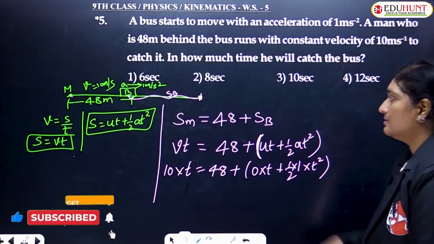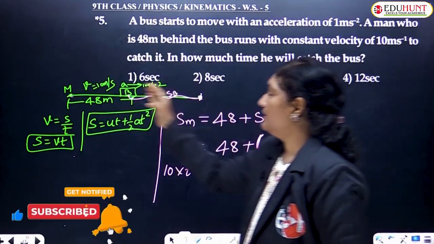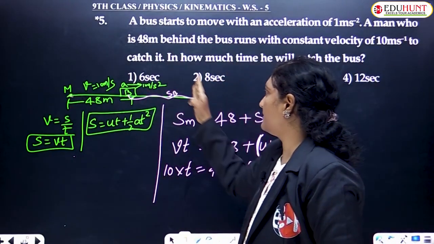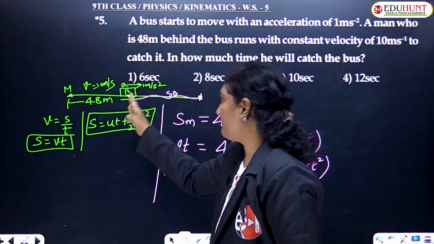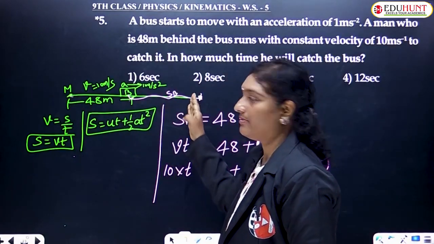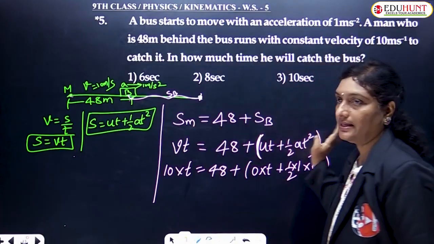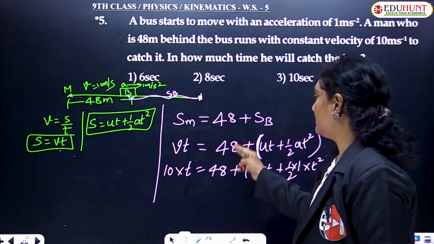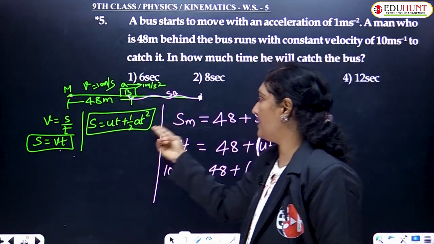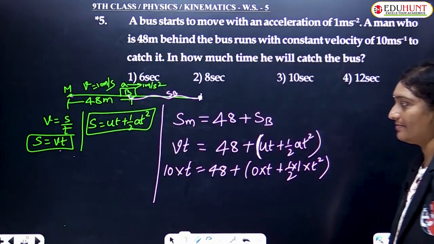Okay, children. So I hope this formula is clear. Distance traveled by the man equals, from here to here 48, and from here to here distance traveled by the bus. Up to this it is clear. Distance traveled by the man is simply V into T. This is 48. Distance traveled by the bus is ut plus half at square.